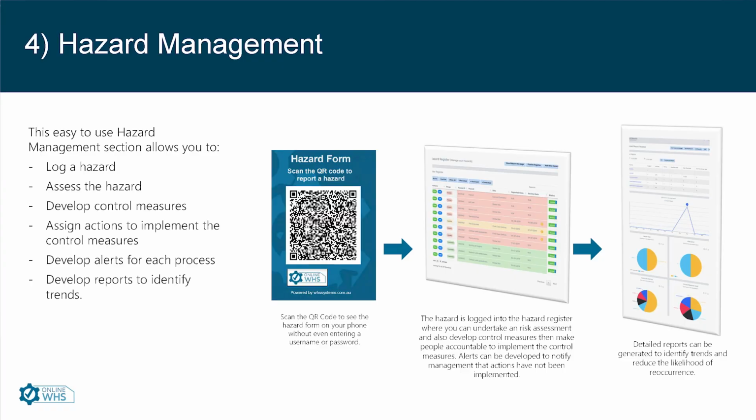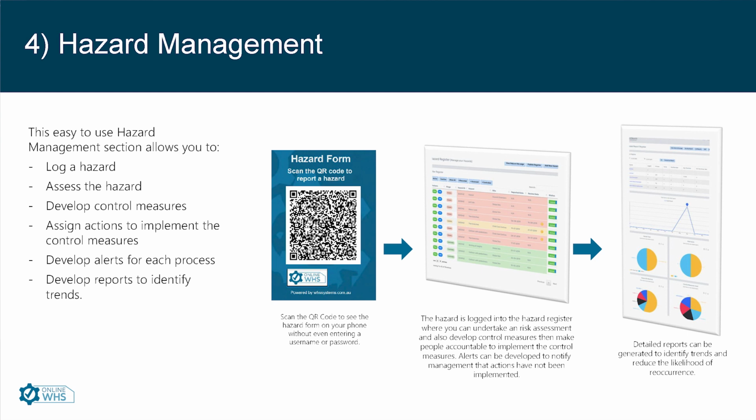You've also got one about hazard management. How is that different to the incident reporter? The hazard management is obviously one of the most important registers inside the system, whereas a lot of people go to the incident register because they have to log an incident. But if you use the hazard register correctly, you identify a hazard, you assess it, you develop a control measure, you implement the control measure, and then you review it to make sure that it's working.